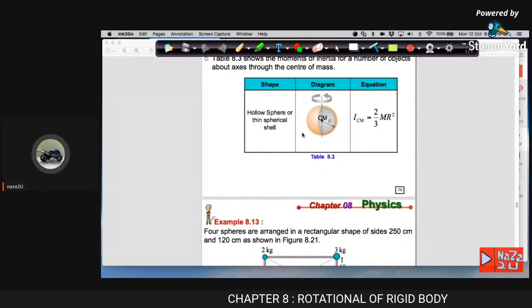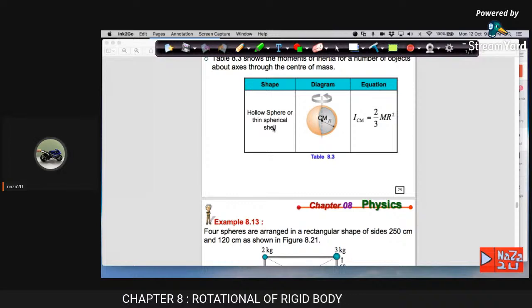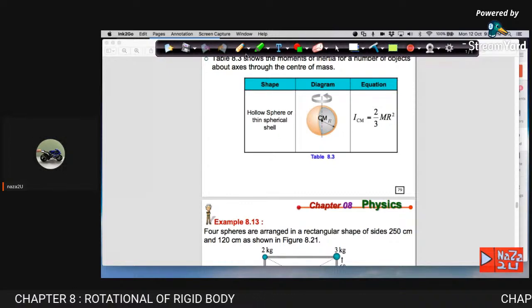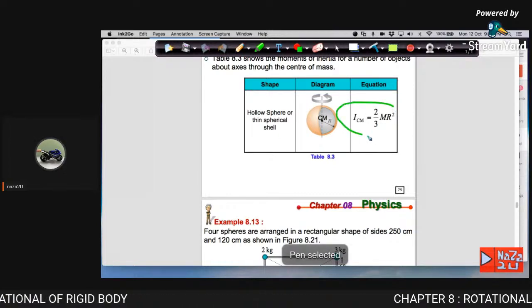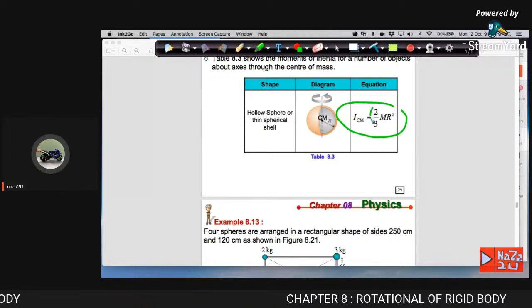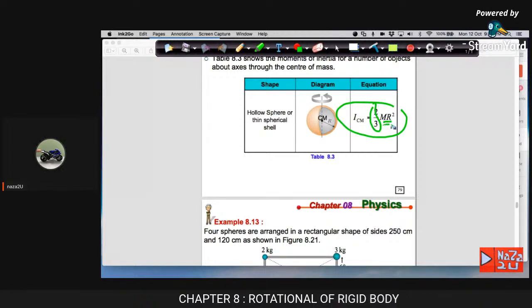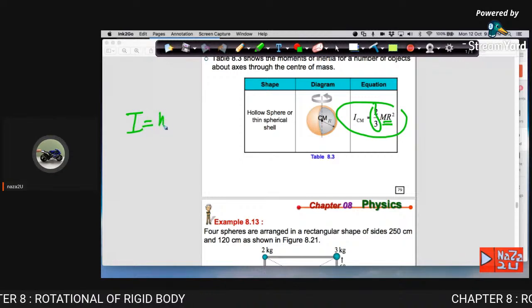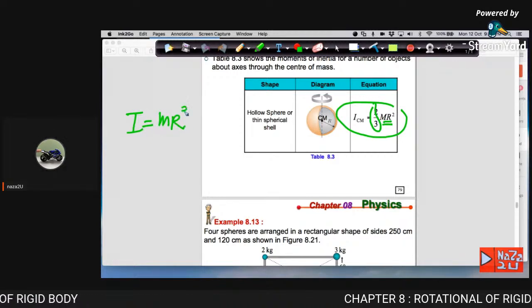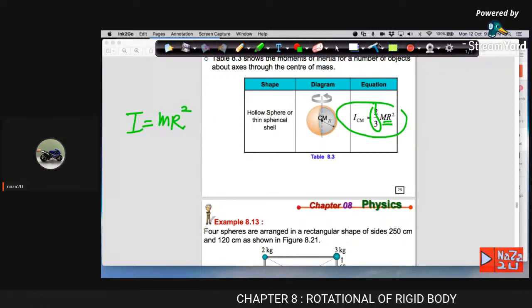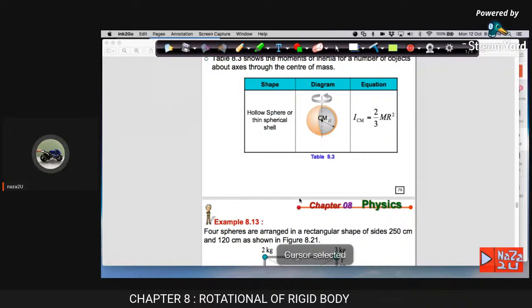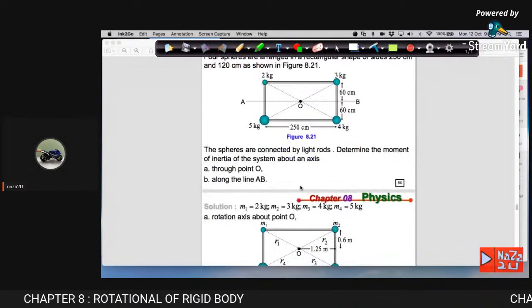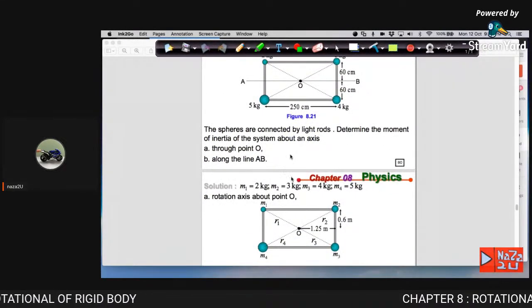Kalau hollow sphere, thin spherical shell, macam mana kita nak kira? Yang bezanya nilai sini saja, ini tetap sama, mr square. Because tadi kita tengok inertia is a mass times radius r square. Alright? Untuk contoh ni nanti kita bincang detail dalam tutorial ataupun boleh tengok dulu.